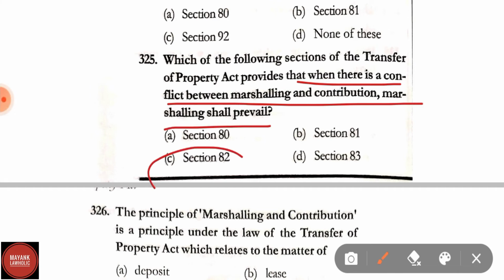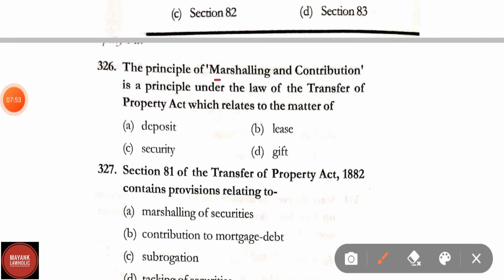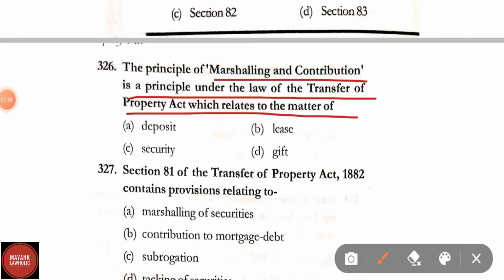Correct answer is option C, that is section 82. Question number 326. The principle of marshalling and contribution is a principle under the Transfer of Property Act which relates to the matter of option A, deposit, option B, lease, option C, security, and option D, gift. Here correct answer is option C, that is security.